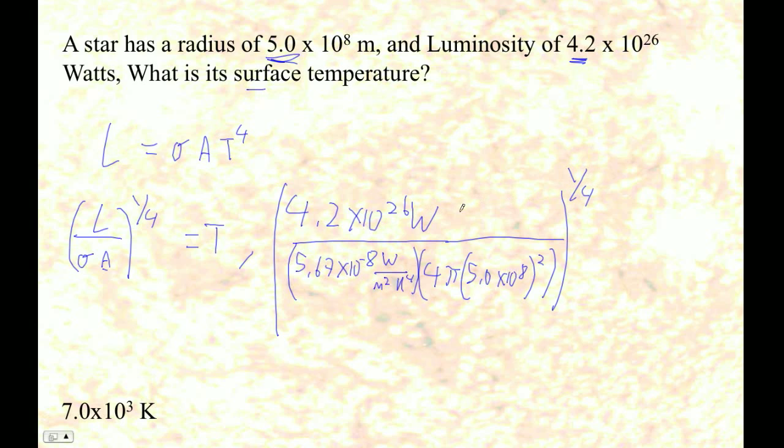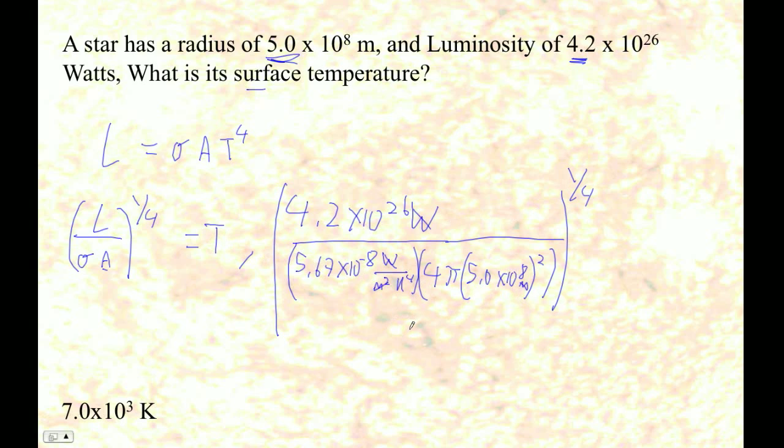Okay, so let's look at our units here. Watts, meters squared on the top of the denominator, and that's on the bottom of the denominator. Then you have 1 over kelvins to the 4th, to the 1/4, and that'll be kelvins. So 4.2 e to the 26, I've got to put this all in parentheses.